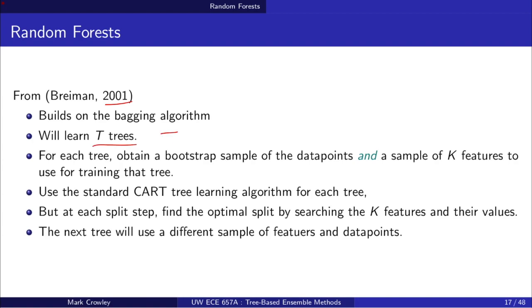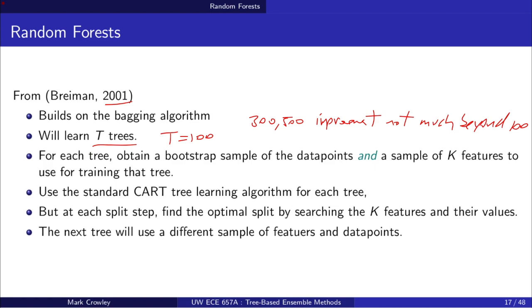I always say T like 100 is a good start, 100 trees. Usually if you have 300 or 500, the improvement is not that much beyond something like 100, 150.